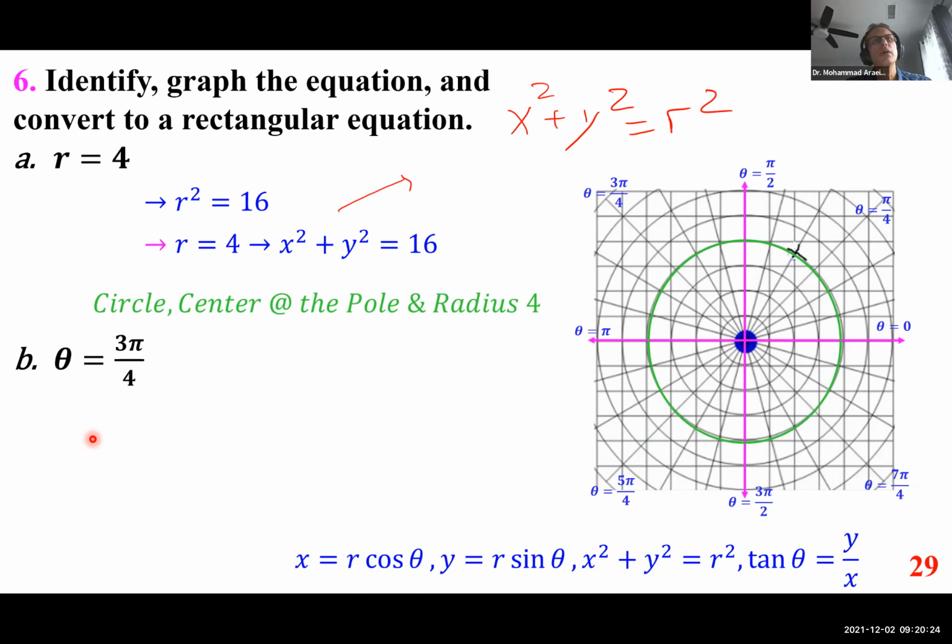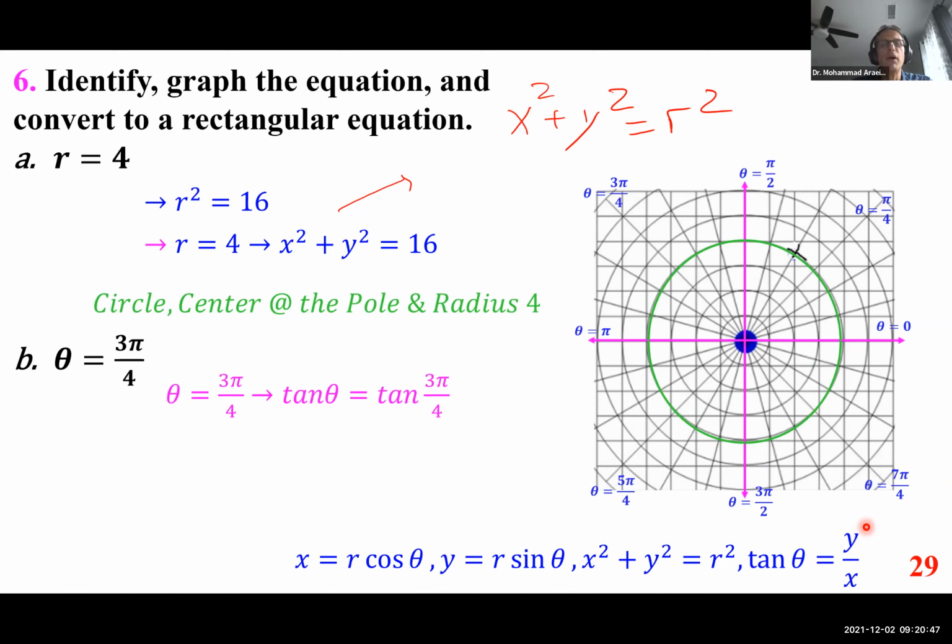The next one, theta is equal to 3 pi over 4. We can take the tangent of both sides. Because we know tangent is y over x, something interesting will happen. So tan of theta is tan of 3 pi over 4. And we know it's equal to y over x.